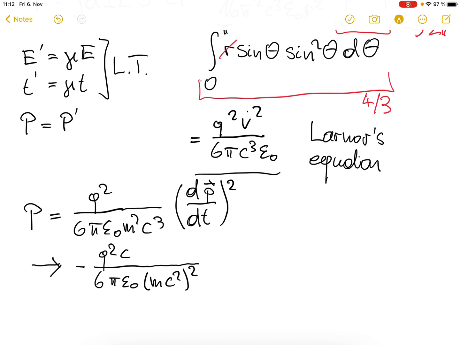That's the same number of factors of c. Then dp mu with respect to tau times dp lower index with respect to tau.